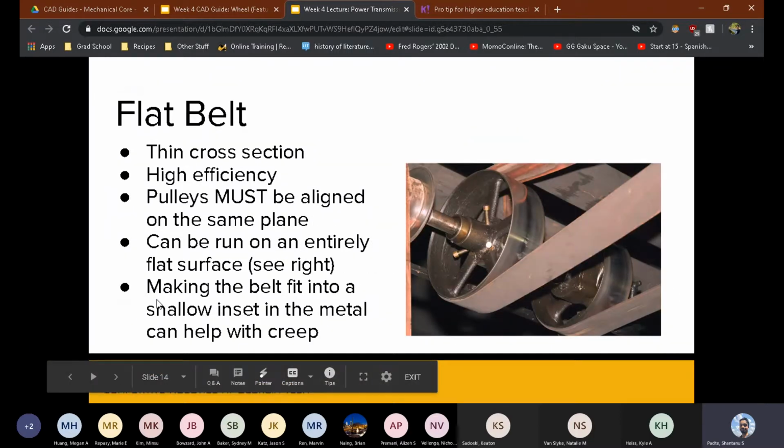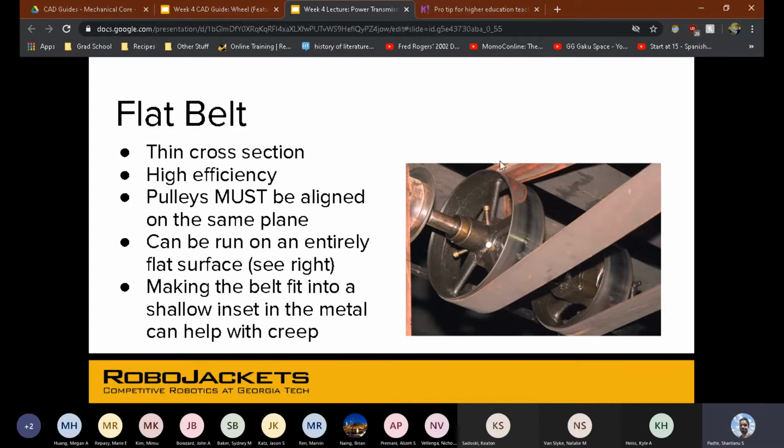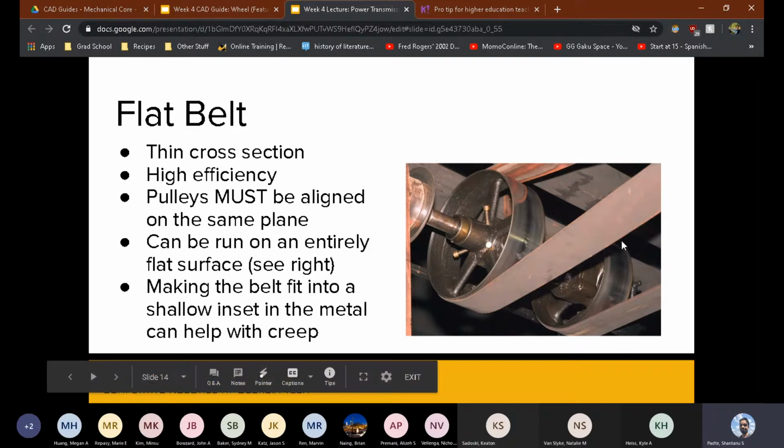So a flat belt, well, it's basically flat. You generally have these flat wheels to go along with the flat belts, and the pulleys need to be aligned on the same plane. Like with the gear, the teeth of the gear can be slightly offset, but pulleys need to be really aligned, otherwise the belt will just slip off.